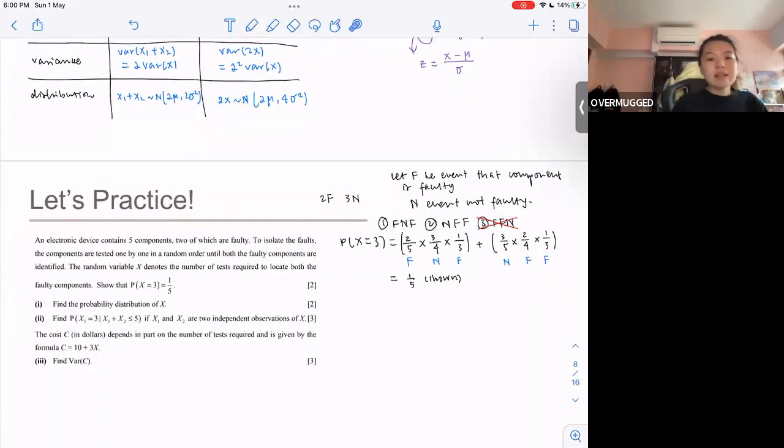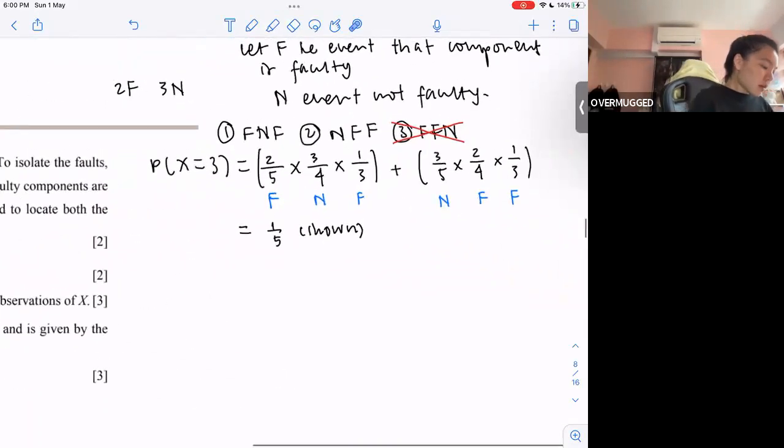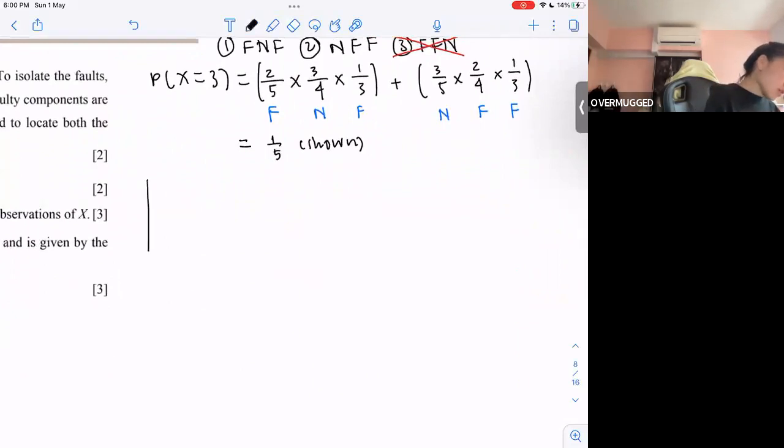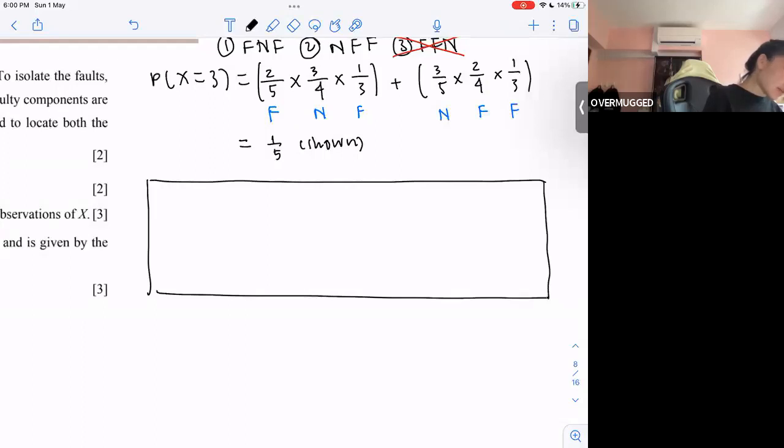Okay, so with that, let's tabulate the probability distribution. I will help to draw the table. Let's think about what the possible outcomes are. So we have x, and the probability of x being x.